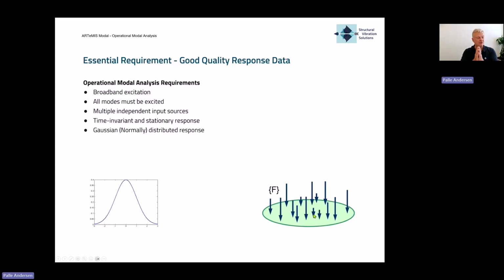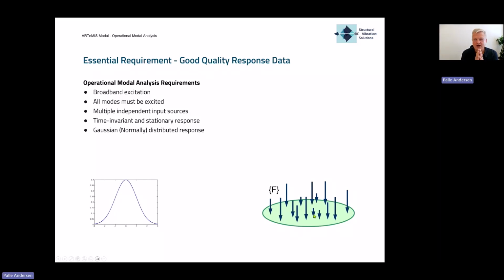Or if you have a symmetric structure, it's also very difficult, because then you need different types of excitation of the structure from different angles. Otherwise, you cannot separate two closely spaced modes that are vibrating at the same frequency. So we need multiple independent input sources in the analysis. This is normally not a problem.